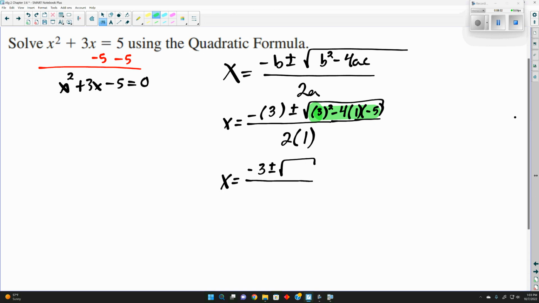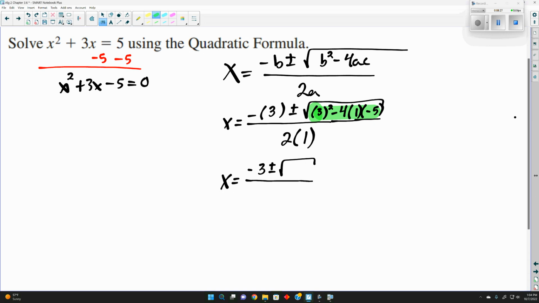So that doesn't work well. We could plug it into the TI-30X, the yellow calculator, which would simplify it in radical form as long as whatever b squared minus 4ac is either equal to 0 or greater than 0. Because if it's negative, it's going to say it's not a real solution, which means I'll have to remove the square root, figure out what it is, and then go from there.